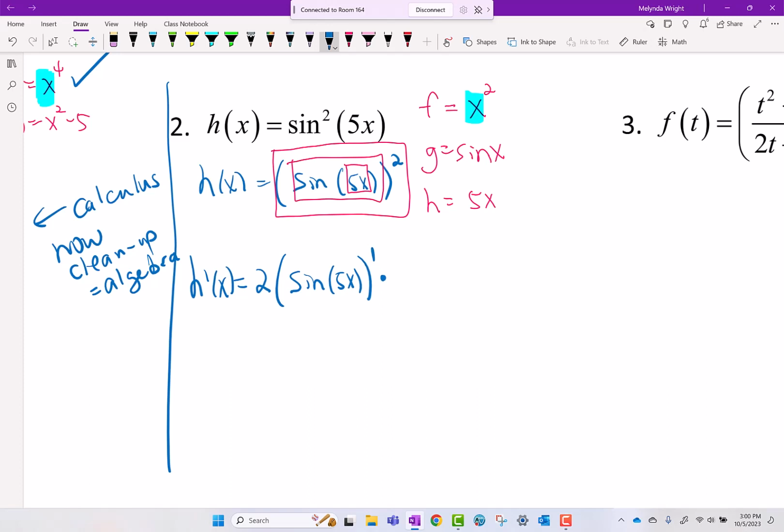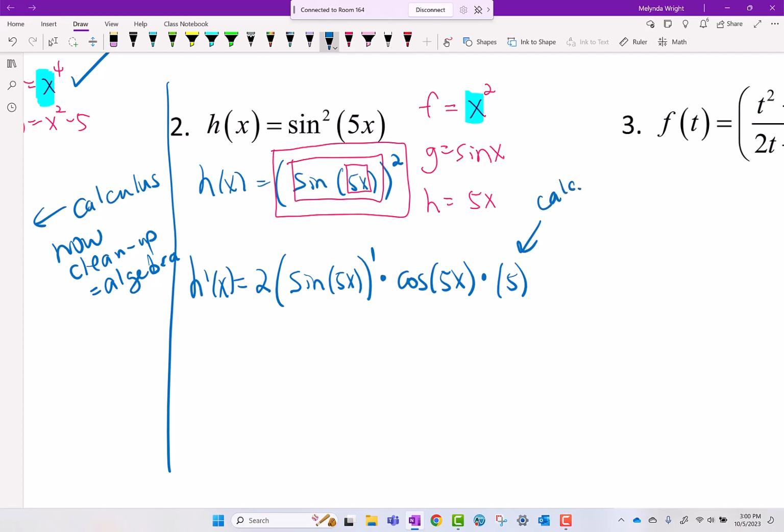Now let's do the next layer. Sine is the next layer, so the derivative of sine is cosine, and I'm copying the 5x in there. We're not allowed to touch the inside, we just copy it on. Times the derivative of 5x, which is 5. And that's the calculus part.